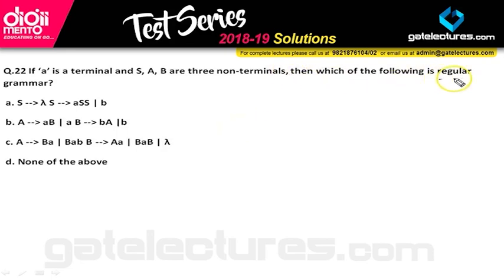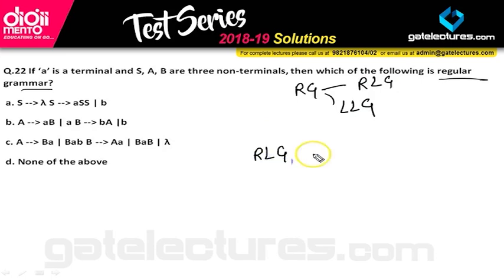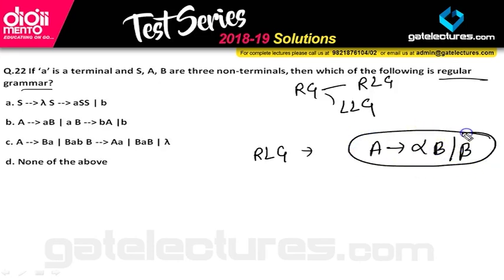For regular grammar, we know we have two types: right linear grammar and left linear grammar, and these two are different. If it is right linear grammar, it will look like A → aB | b.